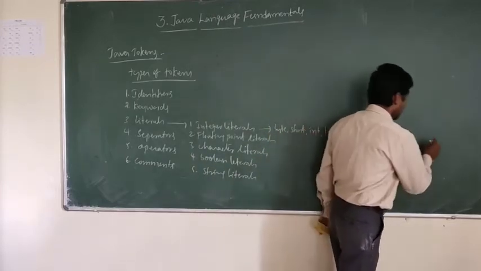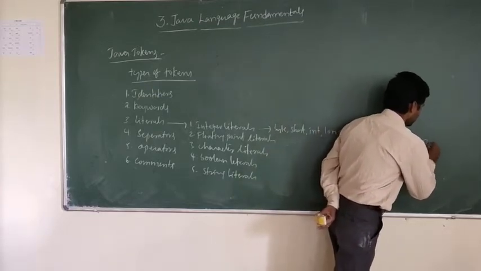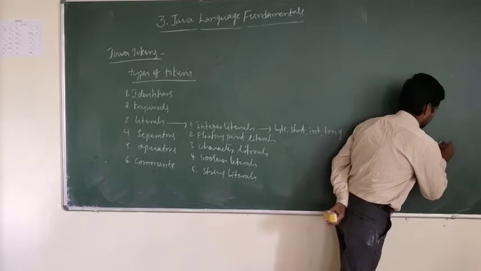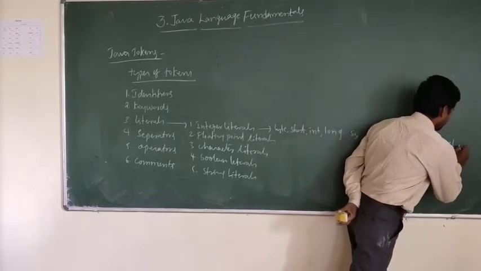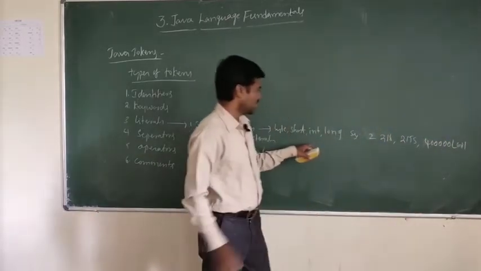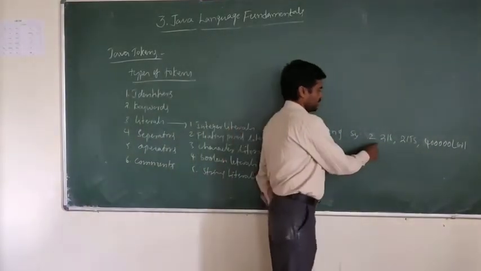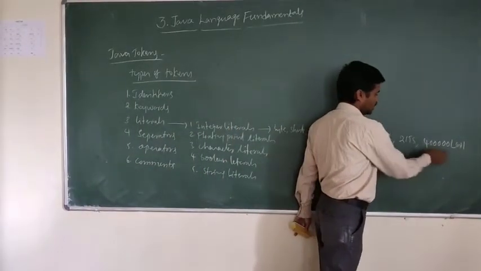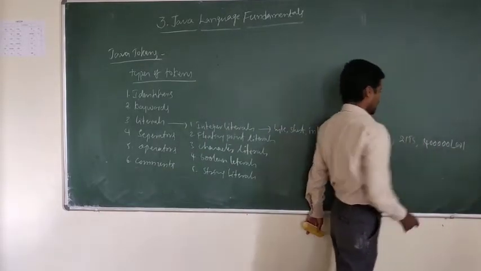Then if you want to define a long value, you can give a small l or capital L. So like that you can define the integer literals, by giving some suffix value at the end. L for long, either small l or capital L.